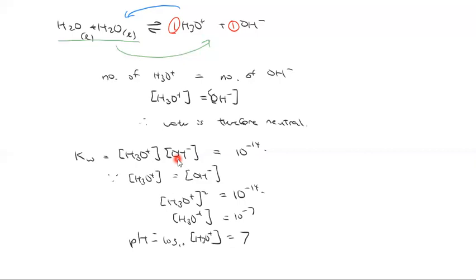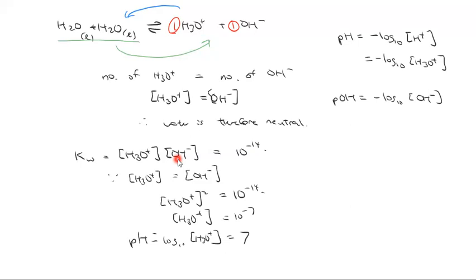It might help you to just memorize a few of these things I'm going to write on the right. So pH is minus log base 10 of H+, which is the same as negative log base 10 of H3O+. pOH is negative log base 10 of OH-.